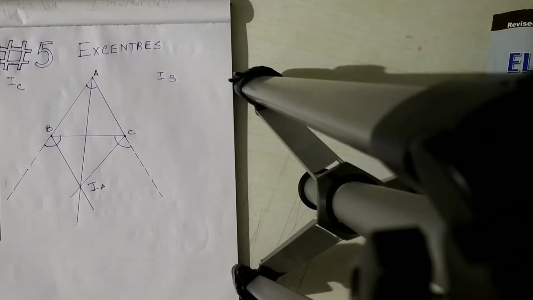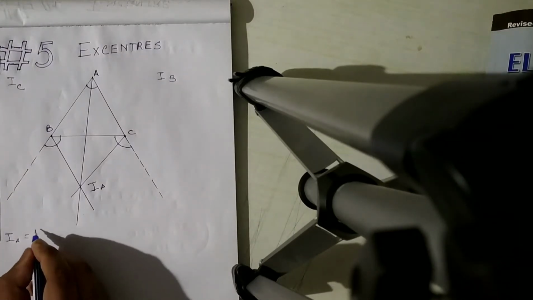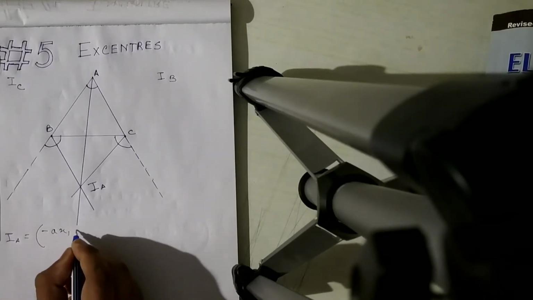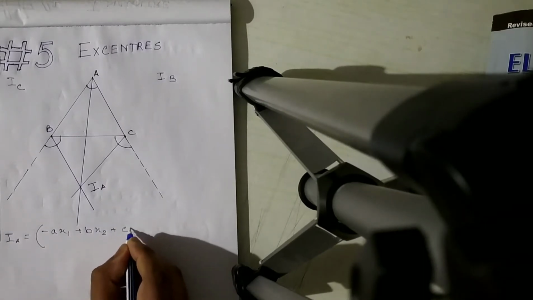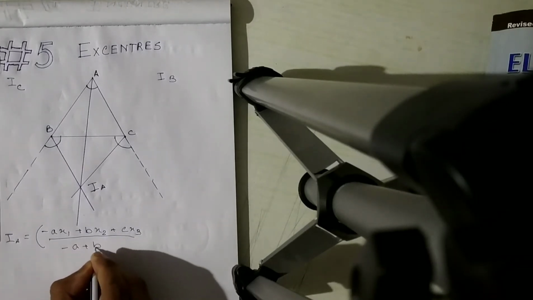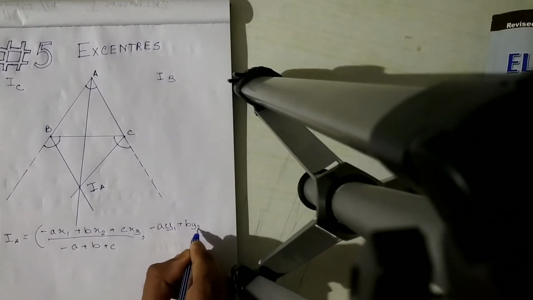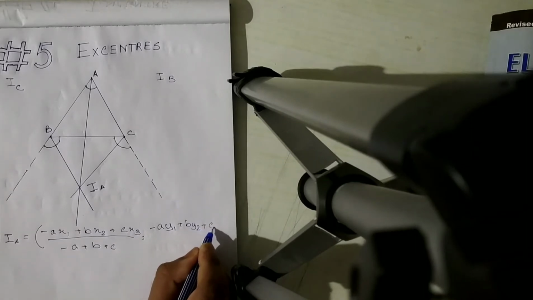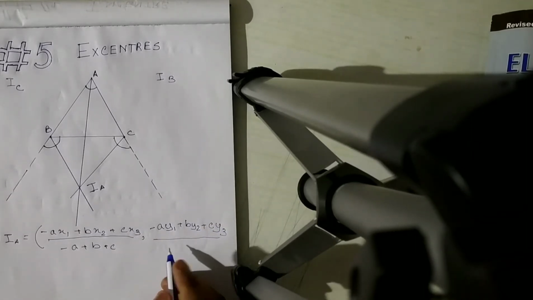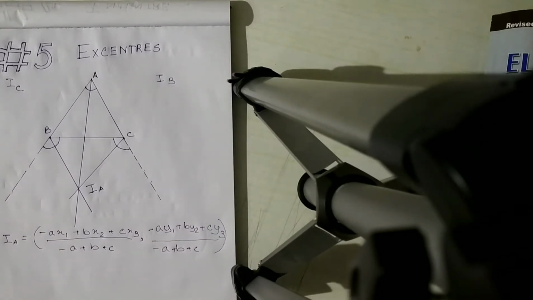So there does exist a formula using which we can find the excenters, which is IA is equal to minus AX1 plus BX2 plus CX3 divided by minus A plus B plus C, comma similarly minus AY1 plus BY2 plus CY3 divided by minus A plus B plus C. You must be wondering what x1, y1, x2, y2, x3, y3 are.